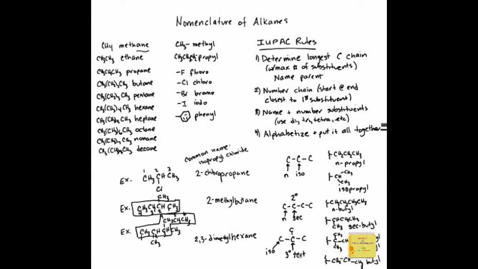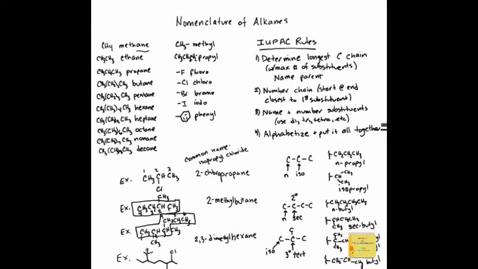What would we do if we had a slightly more complex structure? Let's take a look at this one. We might have a line drawing. Okay, looks like we have a 1, 2, 3, 4, 5, 6, 7, 8 carbon chain here, and you might be tempted to take that as your parent, but if you look more closely, you see you have a 1, 2, 3, 4, 5, 6, 7, 8 carbon chain in that direction as well.